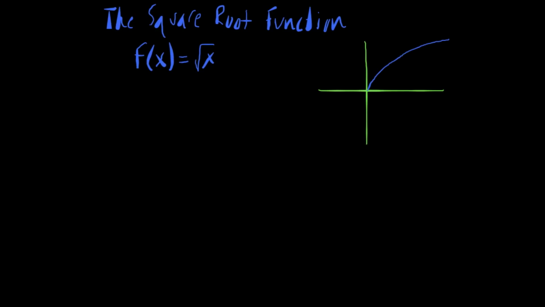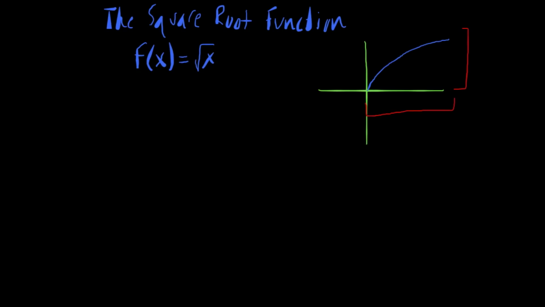Note it only exists in one quadrant. So, the domain would be from 0 to infinity. The range would also be from 0 to infinity. This is because the square root of a number can never be negative unless it is imaginary.